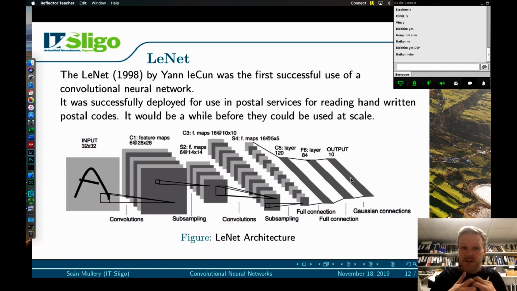He introduced it in 1998, and it was the first successful use of a convolutional neural network. It was deployed in postal services for reading handwritten postal codes. So it would be quite a while before they were able to scale this up to look at fairly significant images.